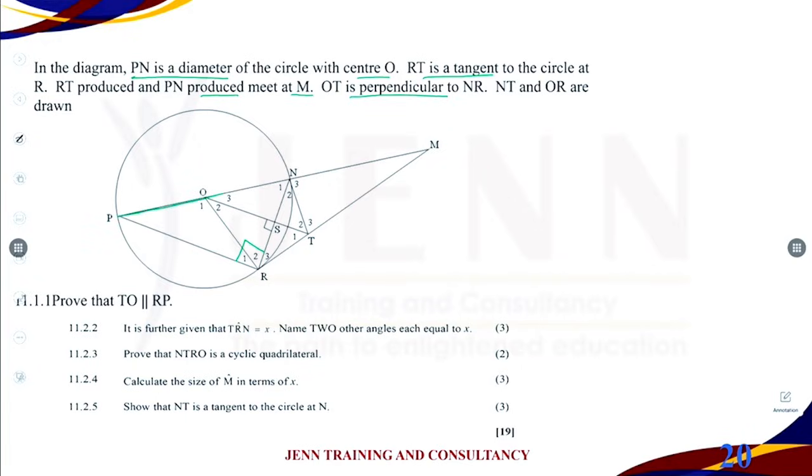You are told that PN is the diameter, so the angle subtended by the diameter is angle R2 and R1. I know that the size of angle R1 plus angle R2 is supposed to give me 90. This is the angle subtended by the diameter.